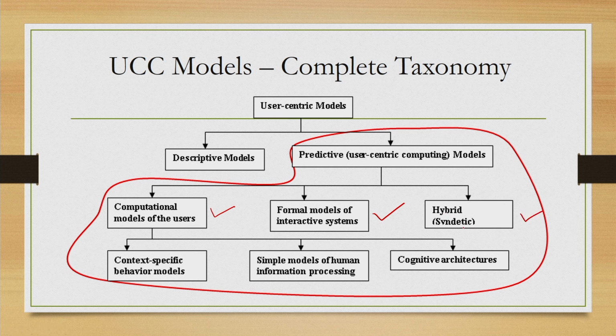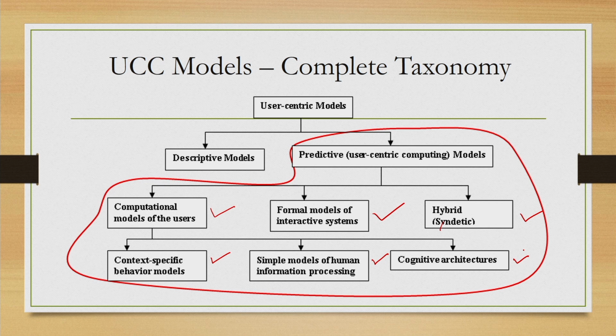Now, these hybrid models are sometimes called syndetic models. Now, computational models of the users have further subcategories. We have context specific behavior models, simple models of human information processing, and cognitive architecture.